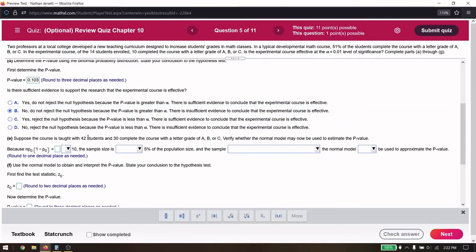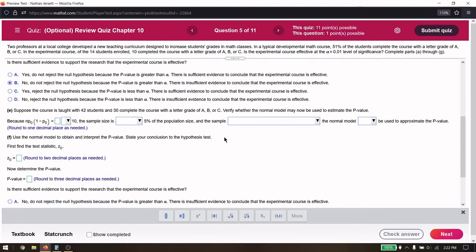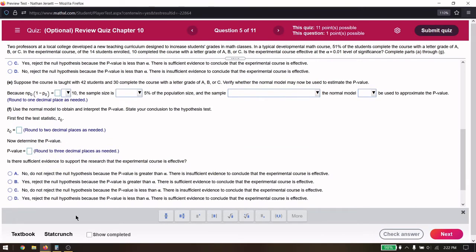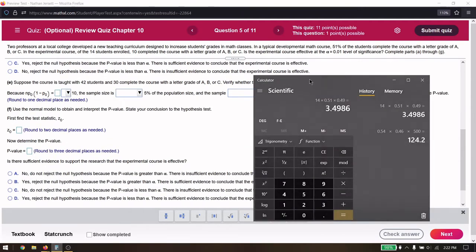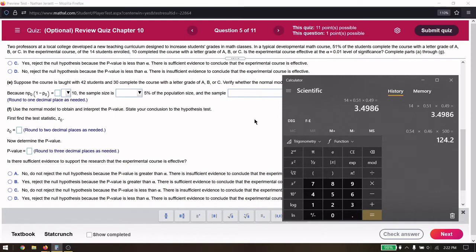So now instead we're talking about 42 students instead of the 14, and 30 completed instead of 10 with A, B, or C. So now we can verify whether the normal model may be used. Okay, so we have 42. And once again, we have the 51 times 0.49, 10.4958.